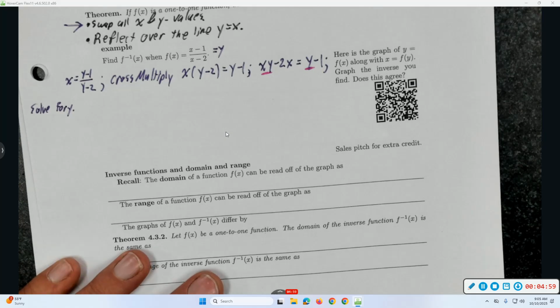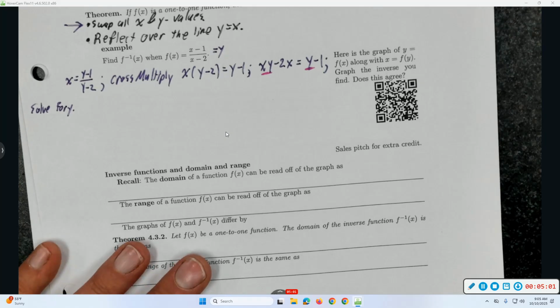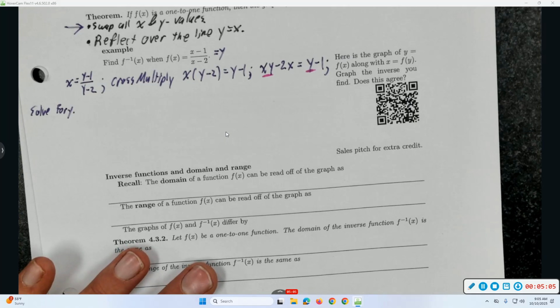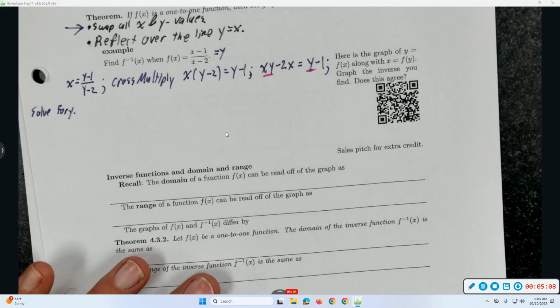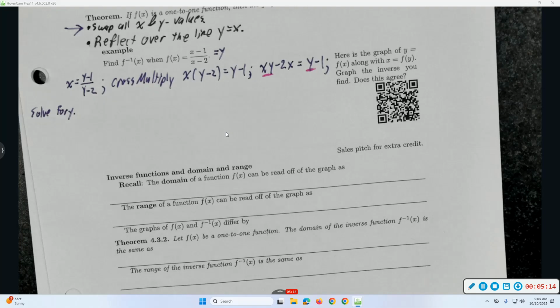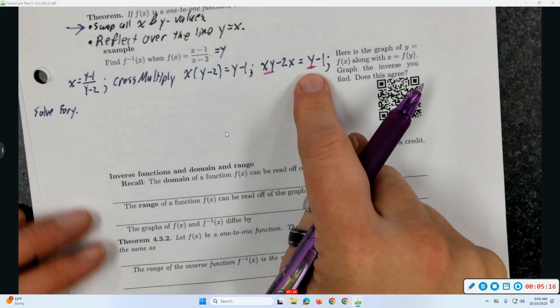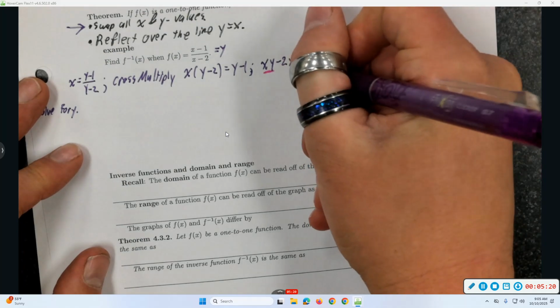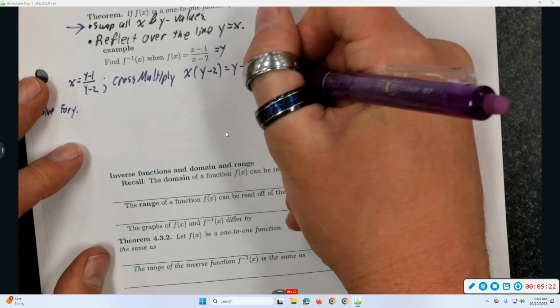I guess the choice is get all the y's onto the left or all the y's onto the right. And it doesn't really matter which we pick. How many people would rather move the y's onto the right? Move the y's onto the left. Cool. The onto the lefts, I think, had it. It doesn't really make a difference. Let's move all the y's onto the left. So I guess I need to subtract y from the other side, so I'll subtract y onto this side.